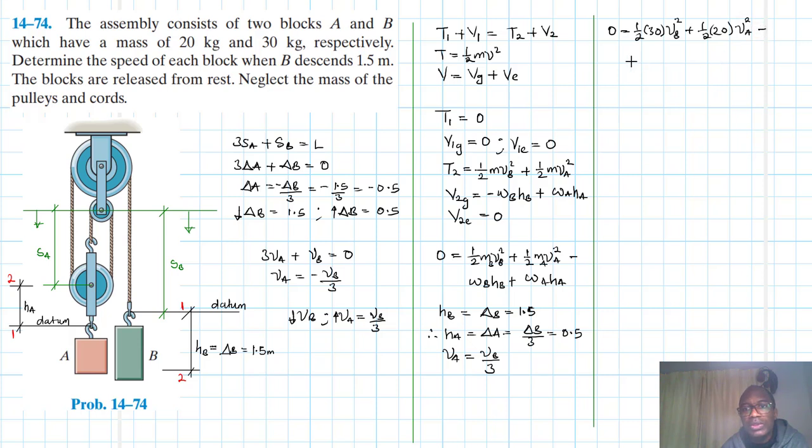Then minus WB, which is just 30 by 9.81 times HB, which is 1.5. Then plus WA, which is 20 by 9.81, then times 0.5.